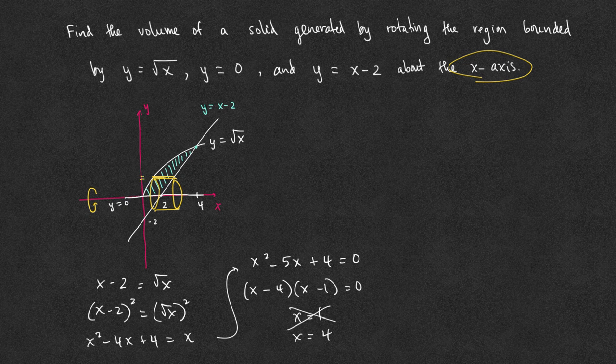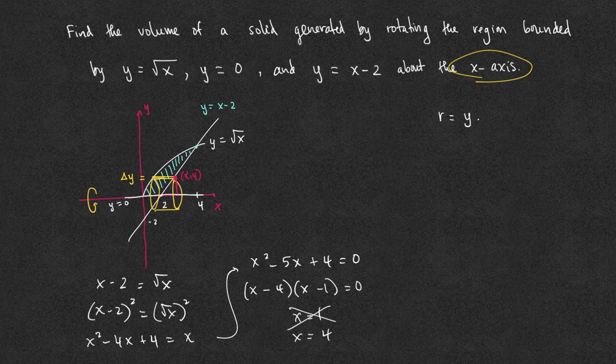This shell has a thickness of delta y. The radius of this shell is the distance from the axis of rotation, which is the x-axis, to the point where we slice the cross-section. And this is the vertical distance, so that the radius is y.